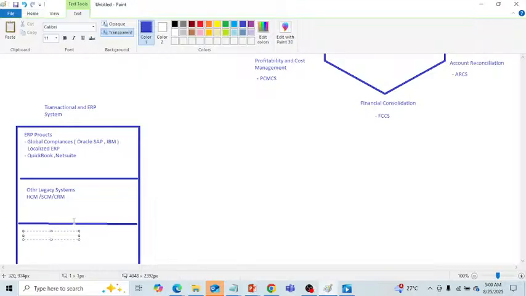For the lower level management, we have another thing, that is social networking. That includes Facebook, Twitter, and etc.